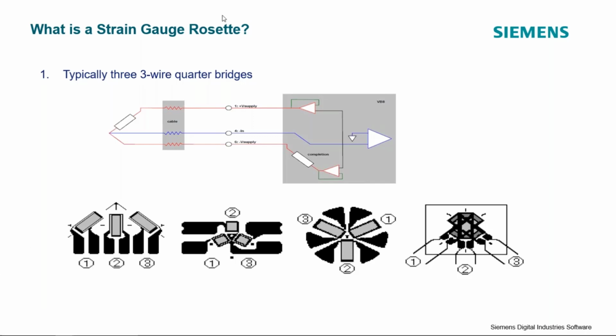So the rosette strain gauge allows us to determine essentially the entire strain field at the point at which the rosette is placed. So it kind of solves that problem of us not knowing the orientation of our strain field.